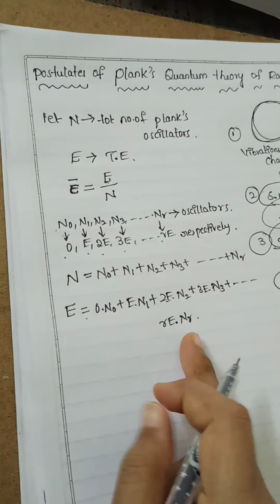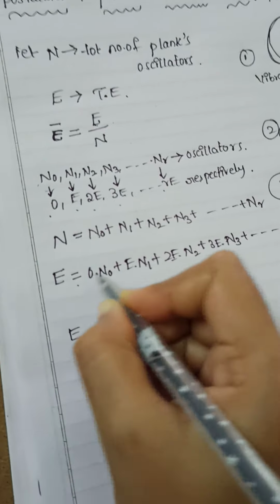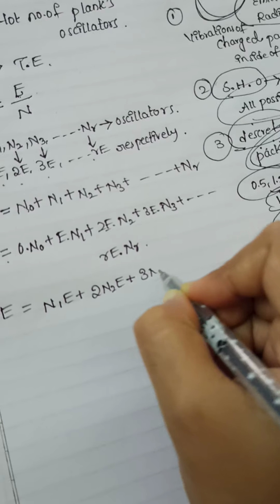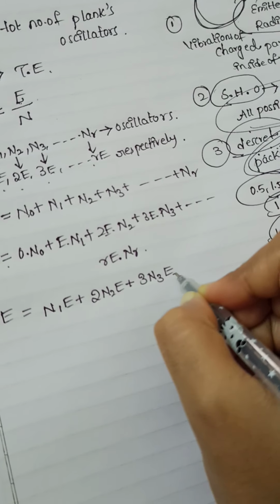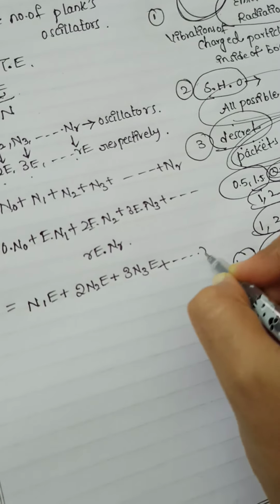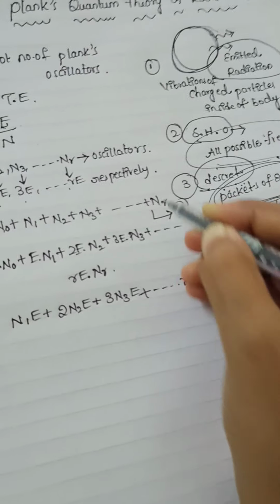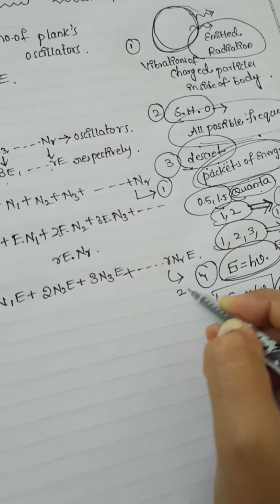Simplifying, 0 into N0 is 0, so it is N1E plus 2N2E plus 3N3E plus up to rNrE. Let us consider this as equation number 1, and this as equation number 2.